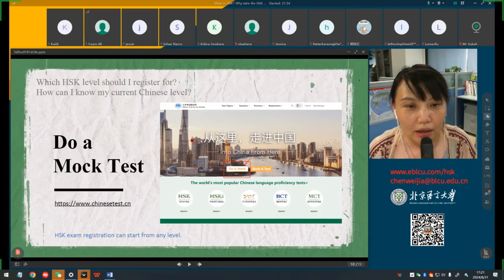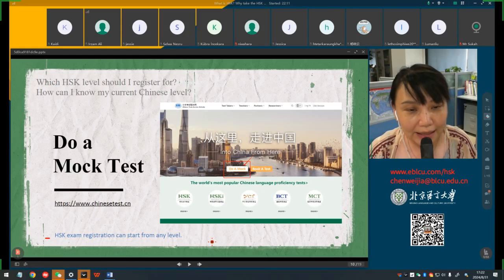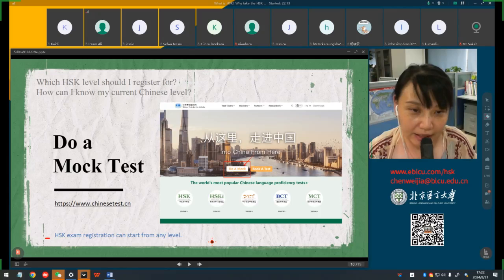And some students may ask, which level can I start from? Do I need to start from level 1? I want to say the HSK exam registration can start from any level. So if you are already at a higher Chinese level, you can start from your level.